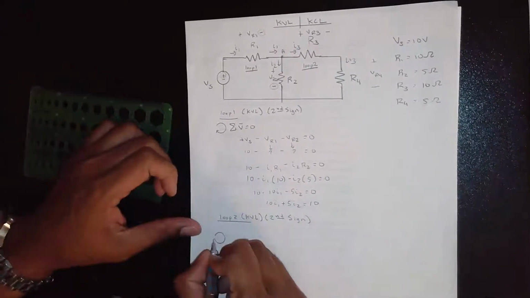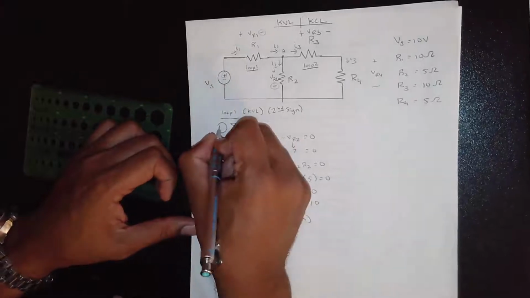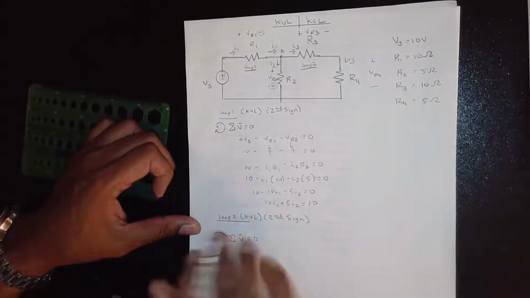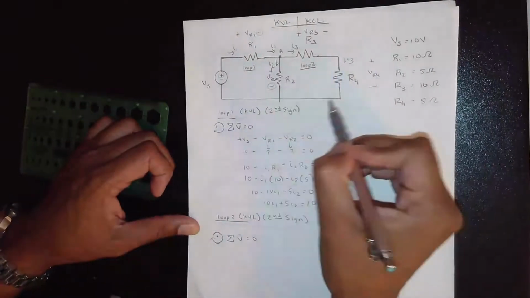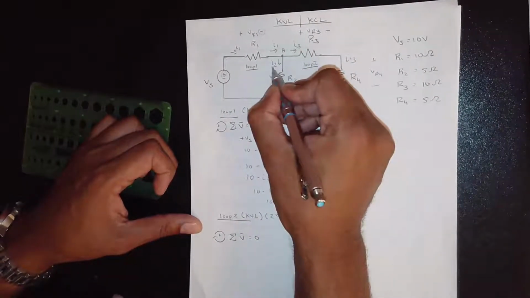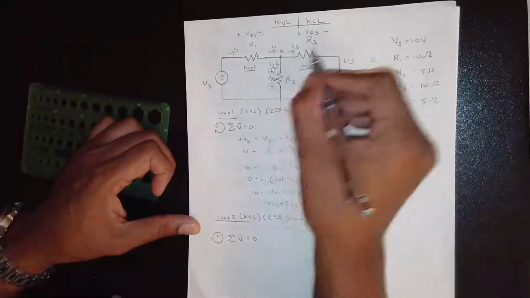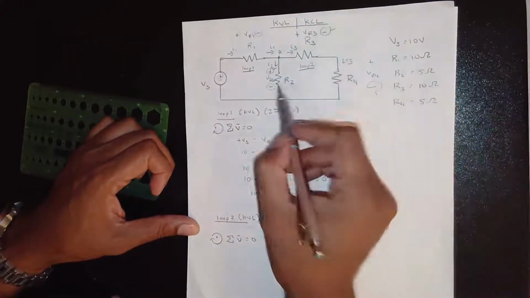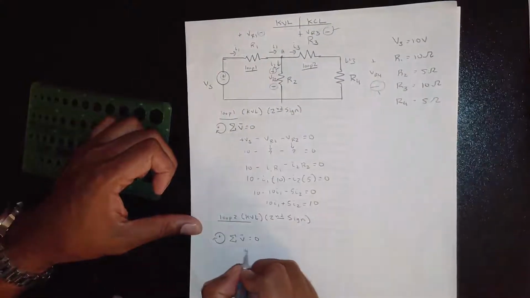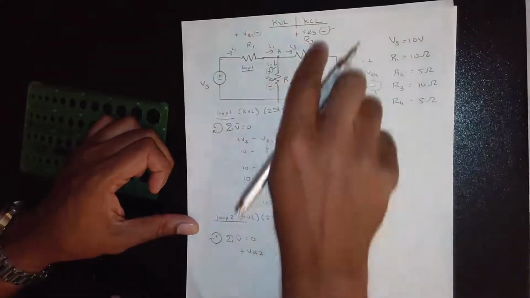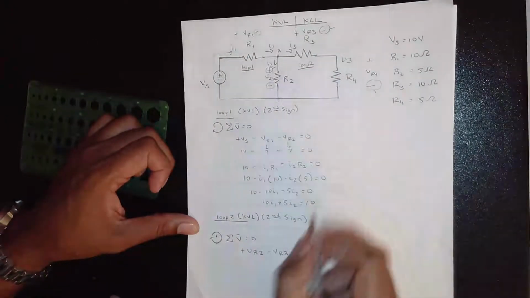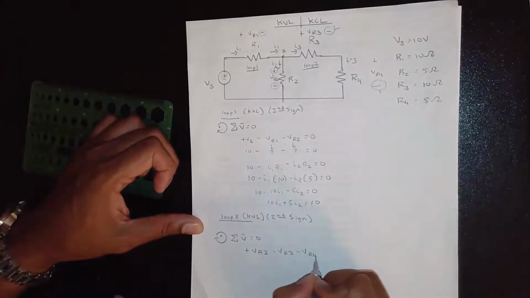So here, it's plus, equals 0. That means as I travel, this is plus, so I'm going here. So this is my second sign here. I travel second sign here, and I go second sign here, right? And I count the tick marks. So plus VR2 minus VR3 minus VR4 is equal to 0.